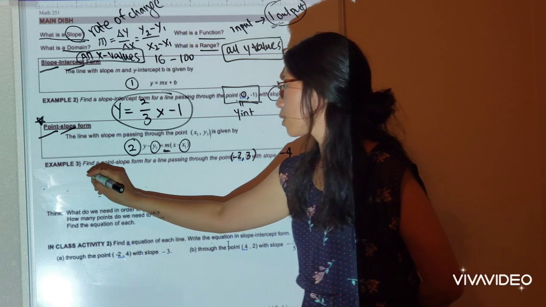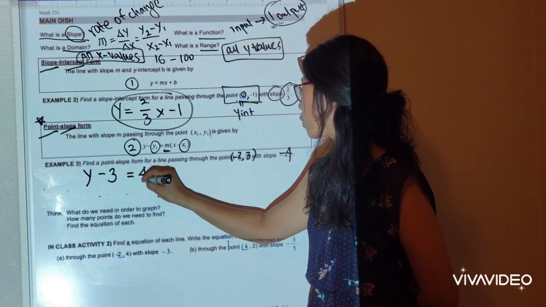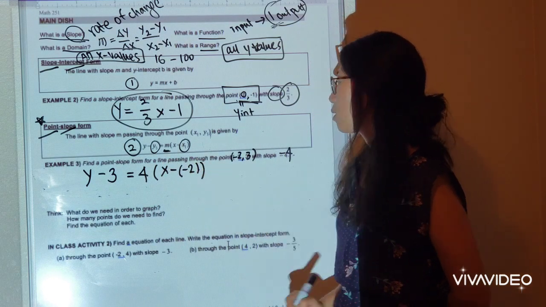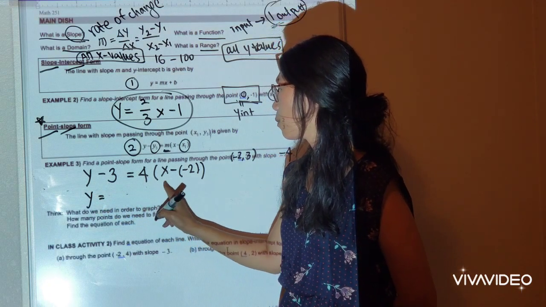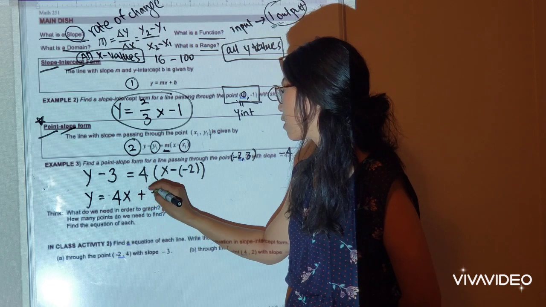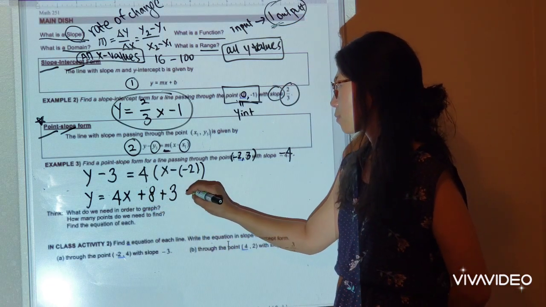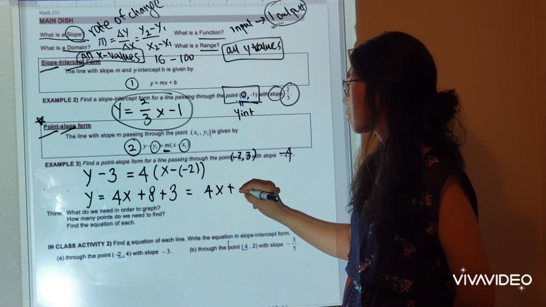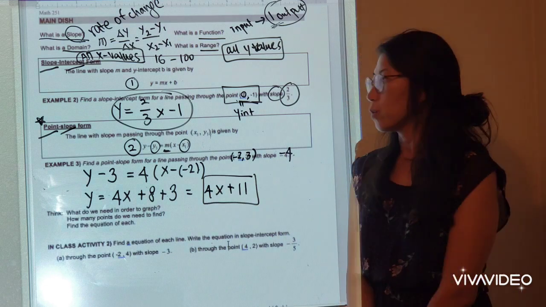So I'm going to plug in carefully y minus 3 equals 4 times x minus parenthesis 2. If you organize, it's going to be my slope-intercept form. So it is going to be 4x plus 8 plus 3. That makes 4x plus 11. That is your slope-intercept form.